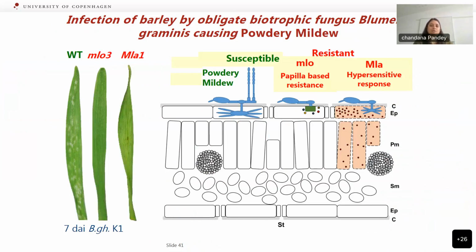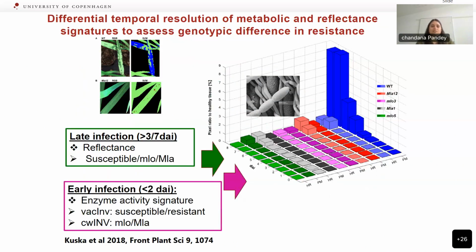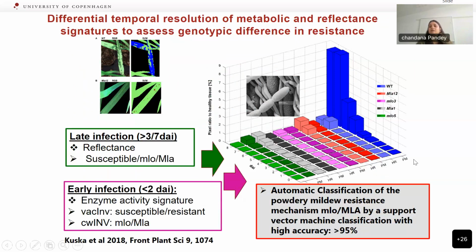Can we use the phenolab to identify the signature, or can we find any differences in MLO or MLA resistance-based phenotyping? It is already published in Plant Science, where we identified the automatic classification of the powdery mildew resistance mechanism for MLO and MLA by support vector machine classification with high accuracy.